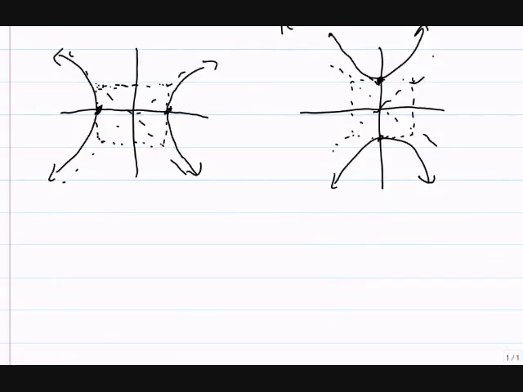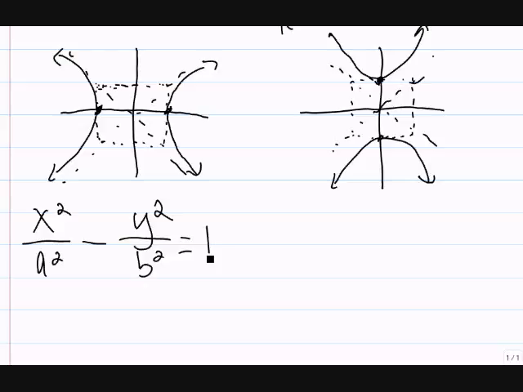So the ones that are oriented horizontally, the first one, are going to be in the form x squared over a squared minus. Hyperbolas have a minus. The circles, the ellipses were all plus. The hyperbolas are all minus. y squared over b squared equals 1.